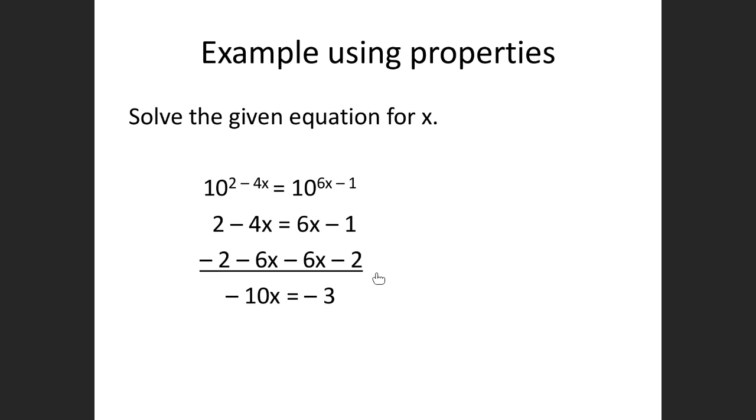When I do that, I get negative 10x is equal to negative 3. Now to solve for x, I'm going to divide both sides by negative 10. A negative divided by a negative is a positive, and x is equal to 3 over 10. As you can see, I was able to solve for x using my one-to-one property for exponents.